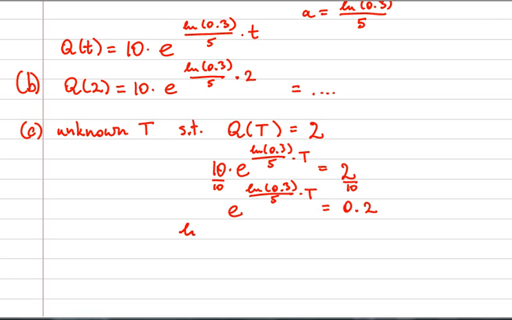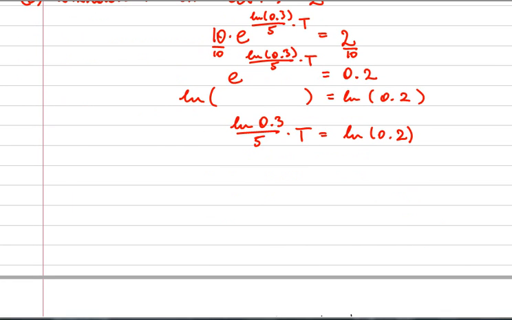Then we take ln of both sides. We find that ln cancels with e, and we are left only with the exponent, which is ln 0.3 over 5 times T equals ln of 0.2.